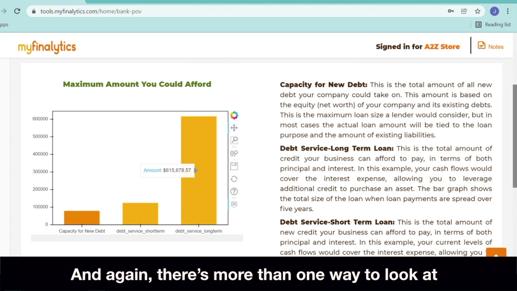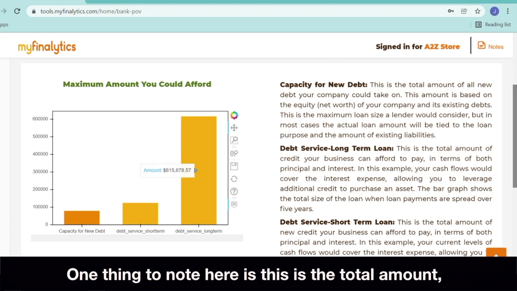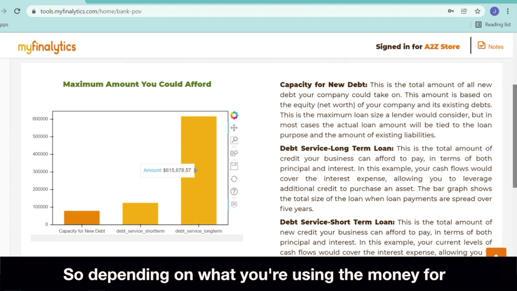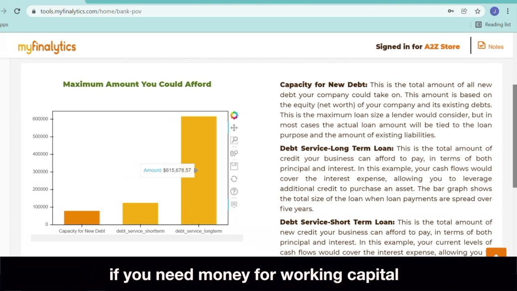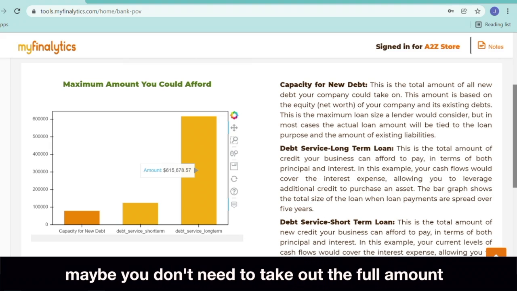And again, there's more than one way to look at the total amount of debt for your business. One thing to note here is this is the total amount. This doesn't mean this is the right amount. Depending on what you're using the money for, if you need money for working capital and you are looking at trade credit or buying inventory, maybe you don't need to take out the full amount that you can carry.